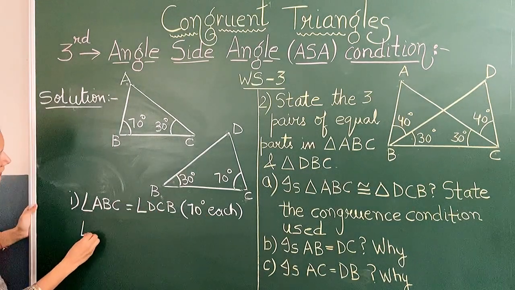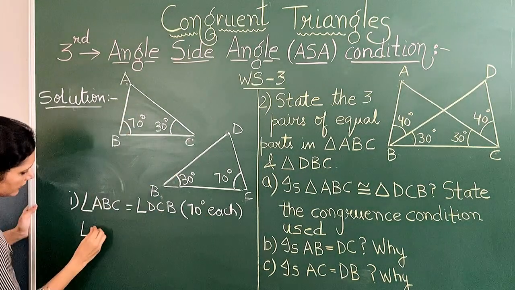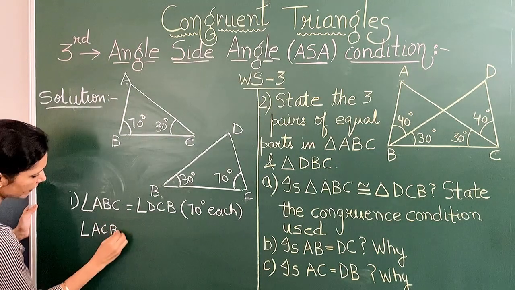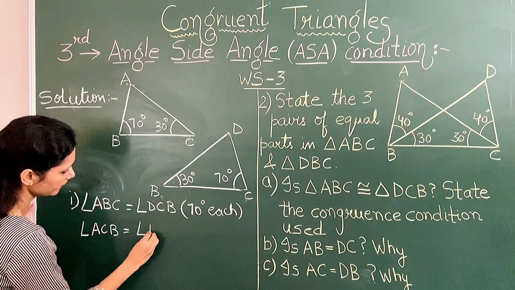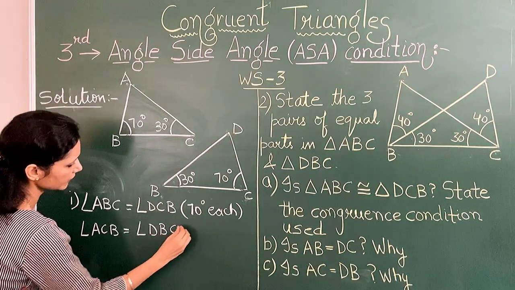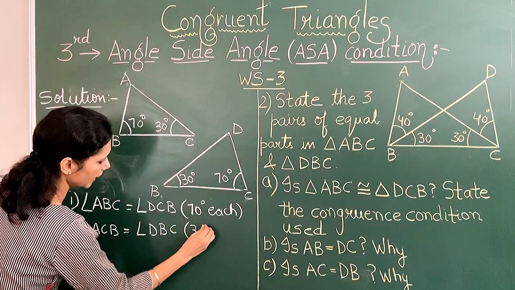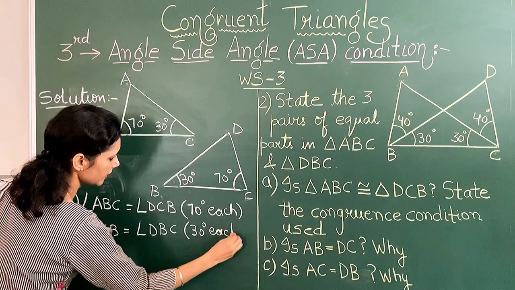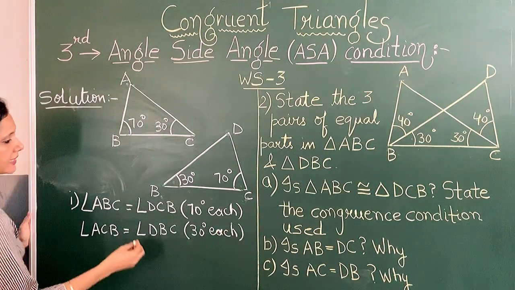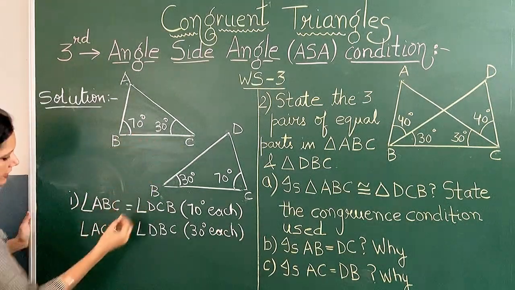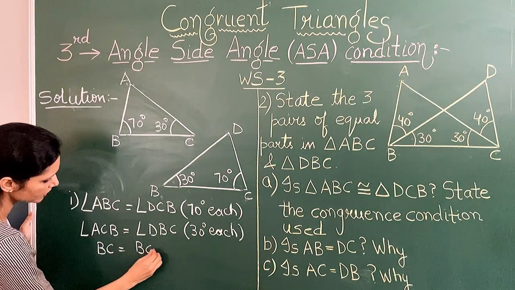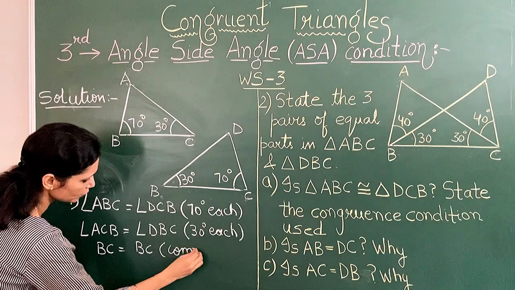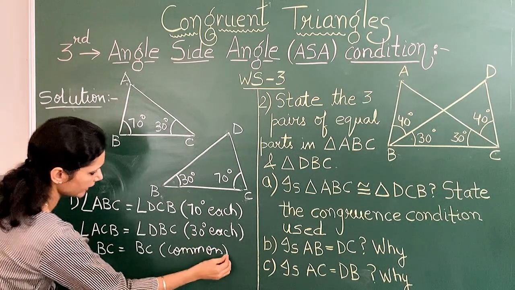Then the next angle is angle ACB of one triangle is equal to angle DBC of the other triangle. Reason is both are 30 degree each. And the third equal side is BC is equal to BC, which is common to both the triangles.